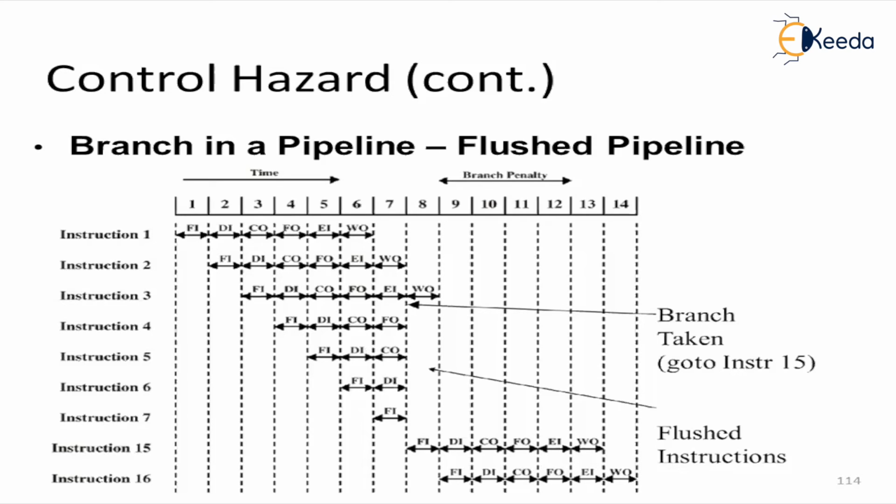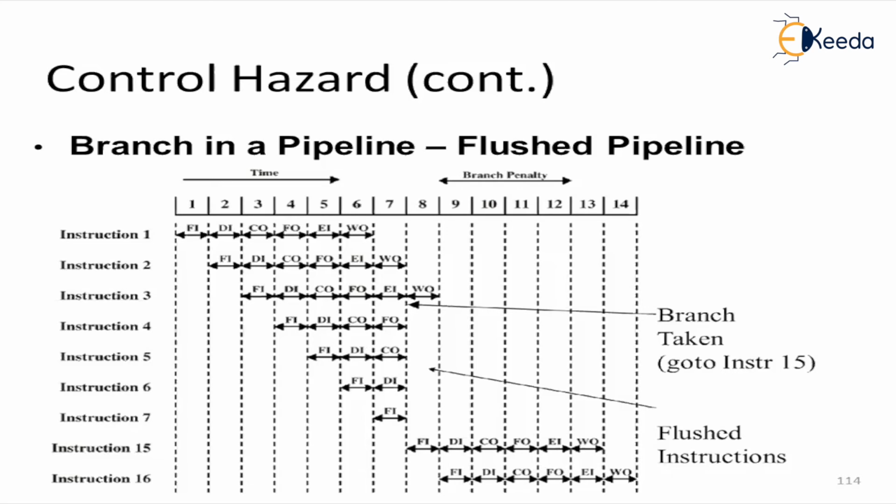It is a procedure enacted by a CPU when it is unable to ensure that it will correctly process its instruction in the next clock cycle. So when the CPU is not sure of processing the instruction in the next clock cycle, there is a possibility that it will use a flushed pipeline.